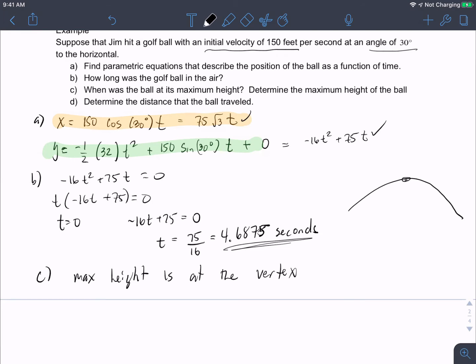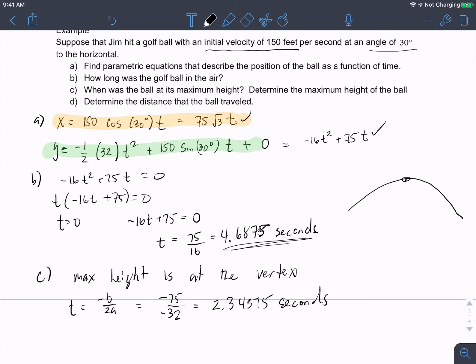And so the vertex is where the height of the ball is going to occur. And so we remember that negative b over 2a is how we find the vertex. And so that's going to be negative 75 over negative 32, which is going to be equal to 2.34375 seconds.